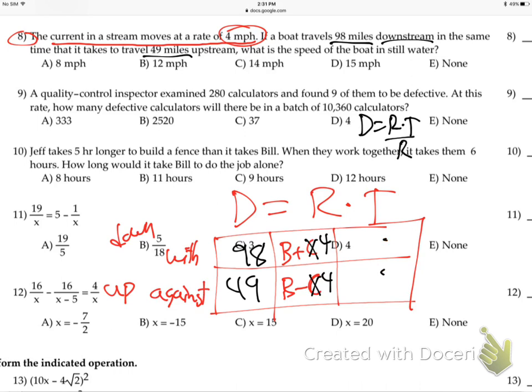Find T, just divide by R. T is D over R. So it's going to be 98 over B plus 4 and 49 over B minus 4. Is that good?